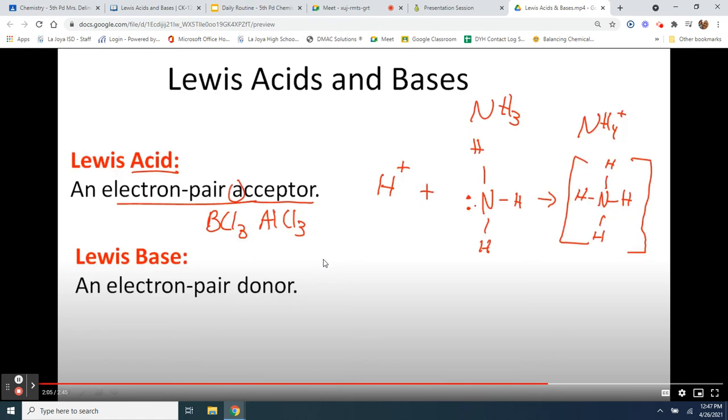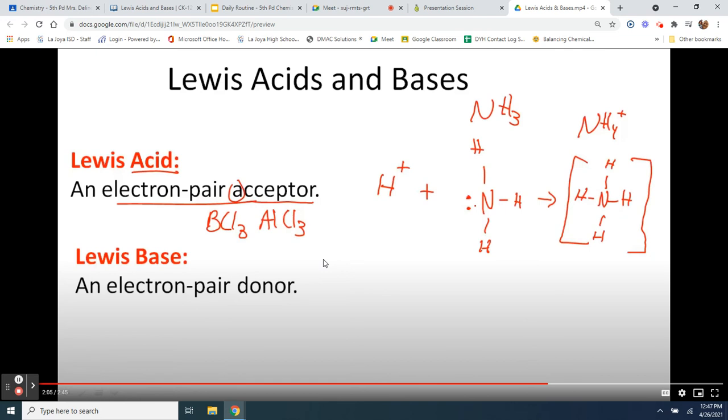Ammonia, NH3, we've been working with a lot. It's already shown up in 2 examples, and it's always the Lewis base. It's always donating those electrons. So this example is really easy to predict. Hydrogen is going to be the Lewis acid. It doesn't have any electrons, so it has to accept.